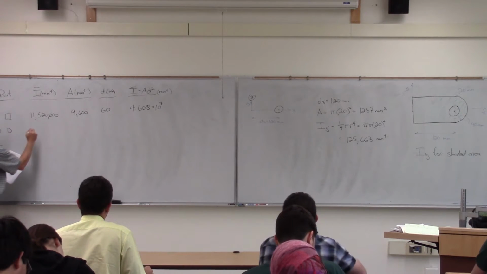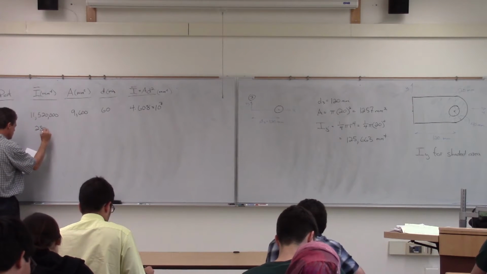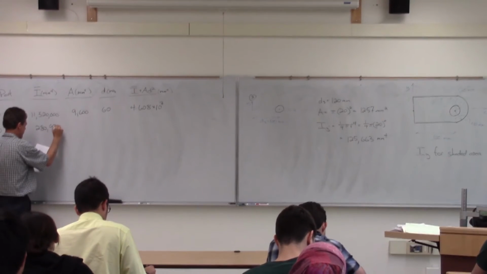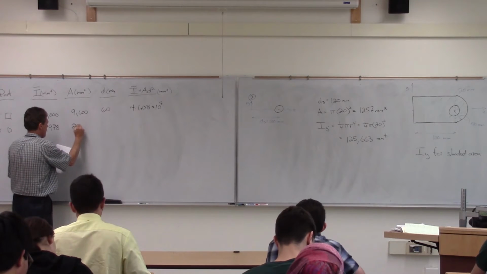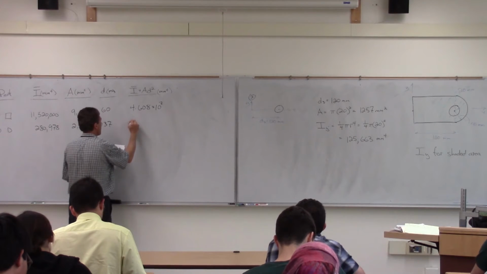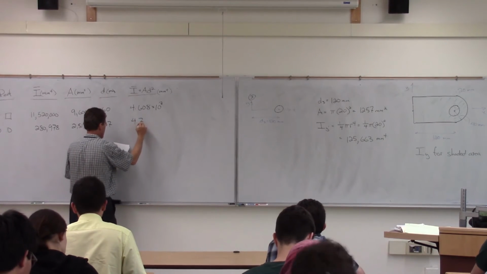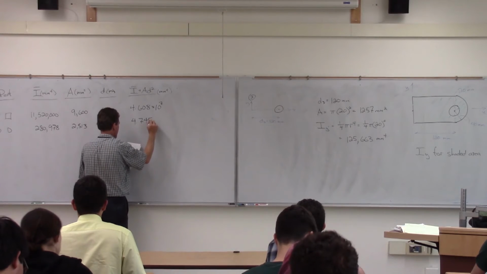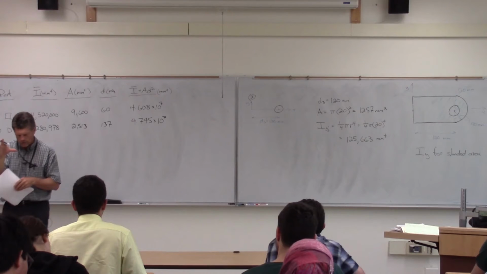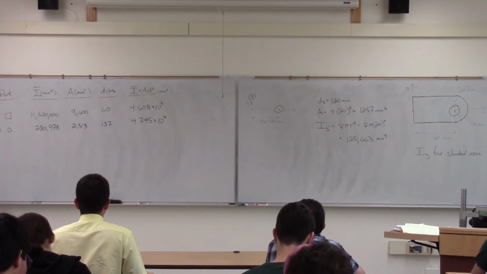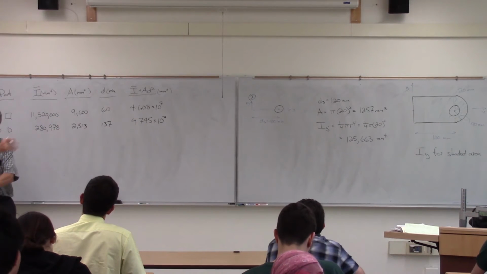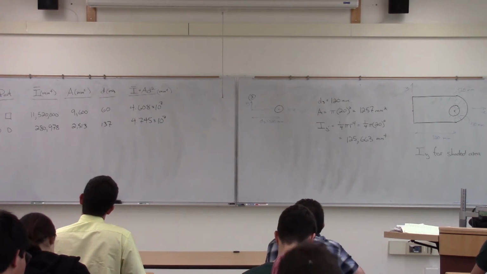Our semicircle, a little bit smaller, but still. Now, interesting thing to note here, the semicircle is so much smaller in terms of area, but look at when we place it way far away, boy, it's going to do a lot of resistance to bending.